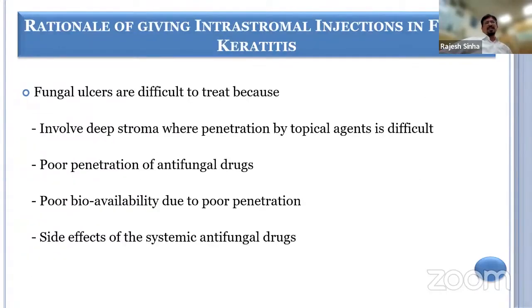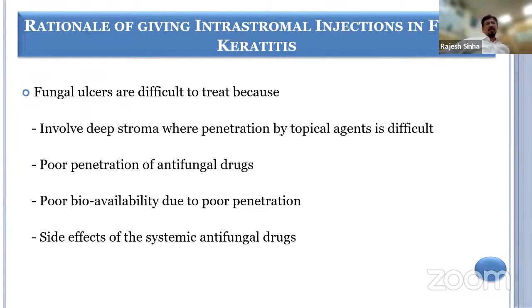So as far as the rationale of giving intrastromal injections in fungal ulcer is concerned, the rationale is because these ulcers are difficult to treat. They involve deep stroma where penetration by topical agents is difficult. All the antifungals have poor penetration, although voriconazole is slightly better than others, but still none of these drugs are very good as far as penetration is concerned.